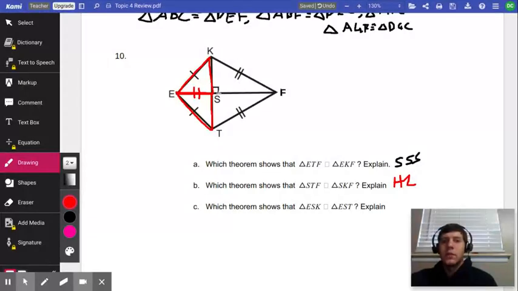Since this is a right angle here, that means KT and EF are perpendicular. So you have right angles all the way around. So these two angles, angle ESK and angle EST, are right angles. So once again, we have right angles that are congruent, right? So we have two right triangles. Hypotenuses are congruent. And then we have a pair of legs. So once again, we're going to use HL.